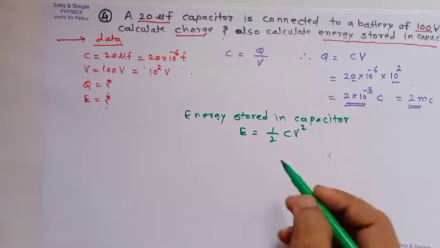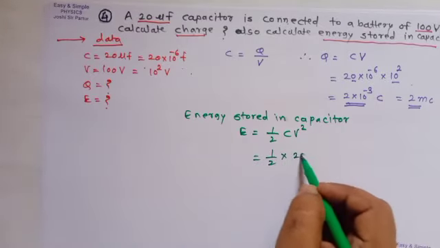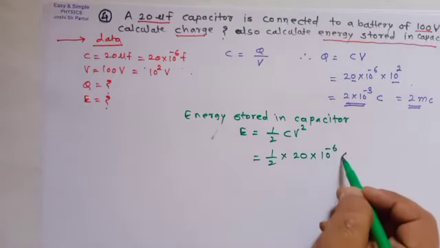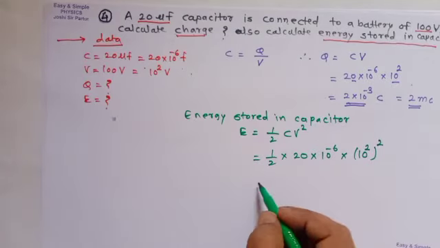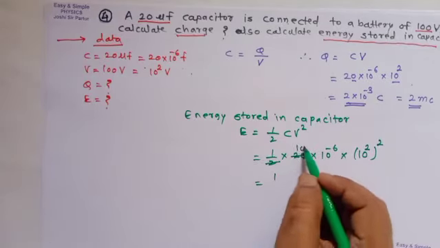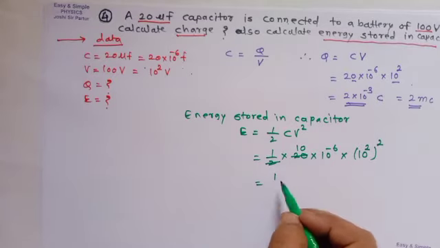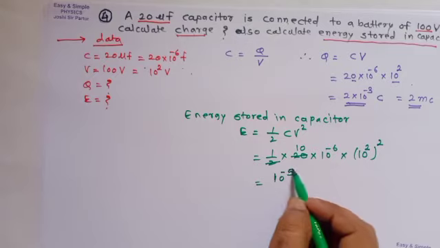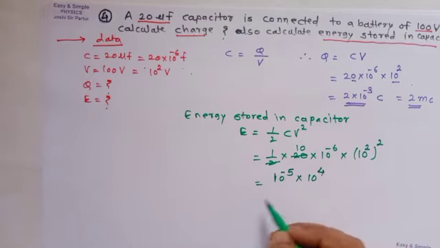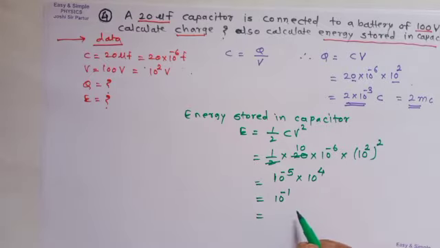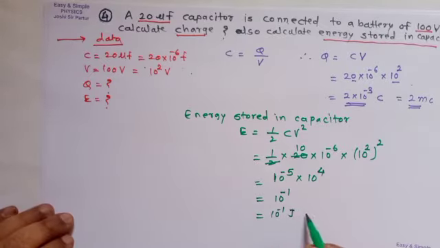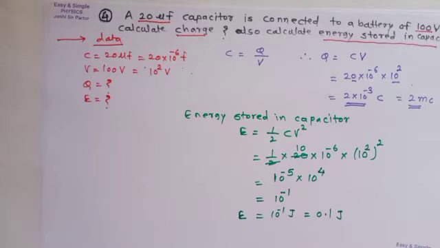C is given, V is given, that is half into 20 into 10 raised to minus 6 multiplied by (10 raised to 2) square, that is 10, and these powers we can add, so it is 10 raised to minus 5 into 10 raised to 4 will be 10 raised to minus 1, and therefore energy which is stored is 10 raised to minus 1 joule or 0.1 joule in the parallel plate capacitor.